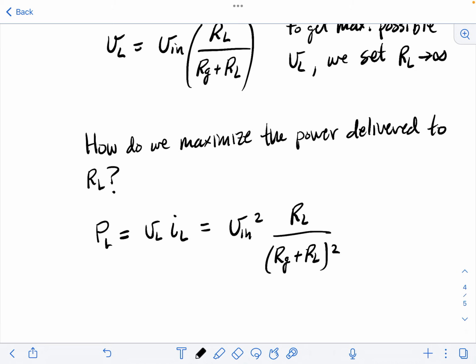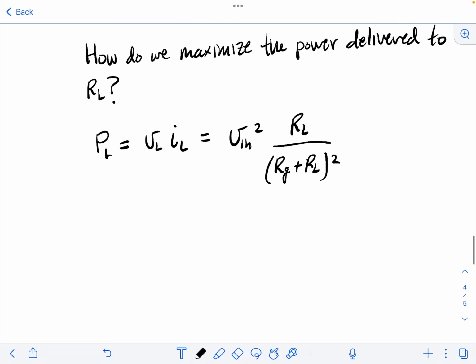So the idea here is our function generator is a fixed piece of equipment. So we set Vn to be some value and it has some output impedance Rg. And so what we can actually adjust is RL. So we want to tune RL until PL is a maximum.